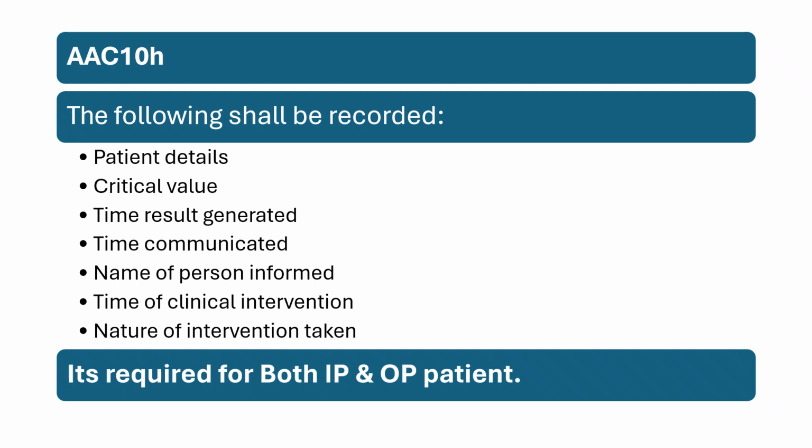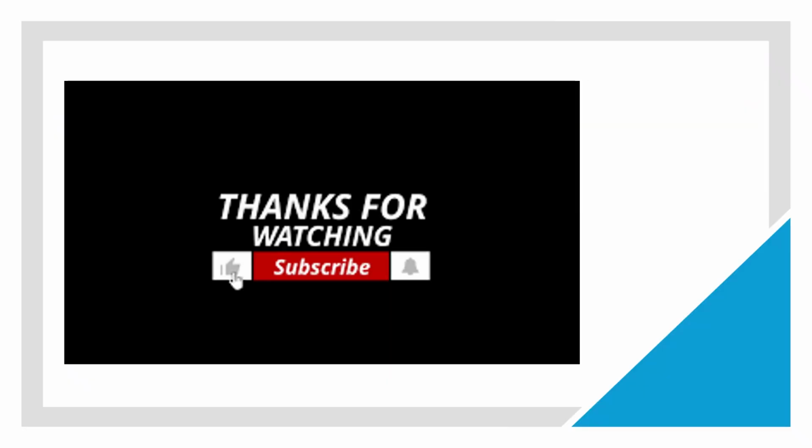So they also have to do the follow up, and they have to write it in their critical register book. So this is the 360-degree: from the time the critical value is produced to the consultant till the intervention is taken is your 360-degree for the critical result, right? So this is very important to be implemented in the hospital. It is required for both IP and OP patients, right?